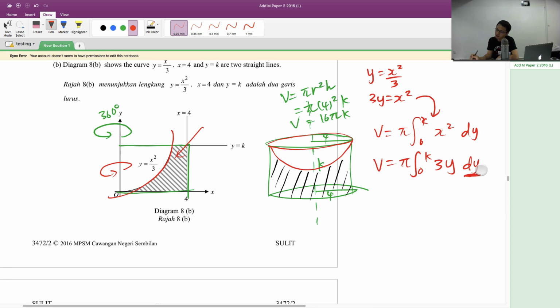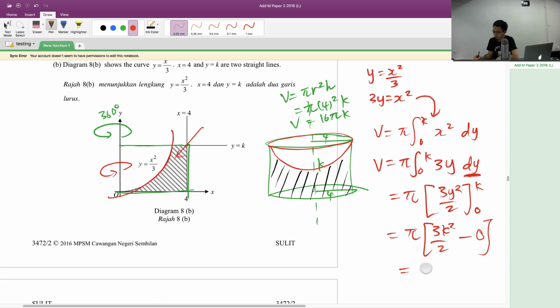Okay, dy means in terms of y, then only I can start to integrate. So I will integrate here, I will have 3y squared over 2, from 0 to k. I will substitute the k into here, I get 3k squared over 2, minus 0 when I substitute here. So that means the volume for this one should be 3 over 2 pi k squared.